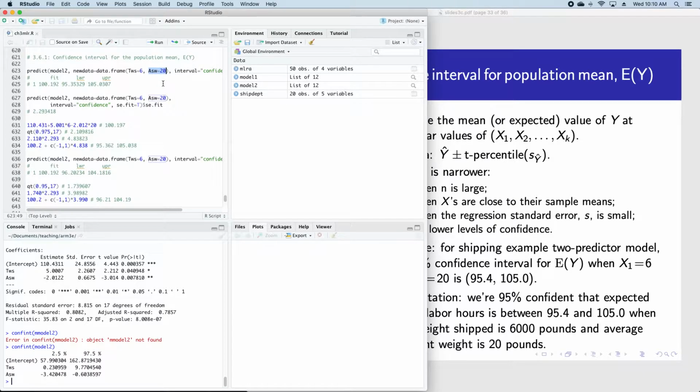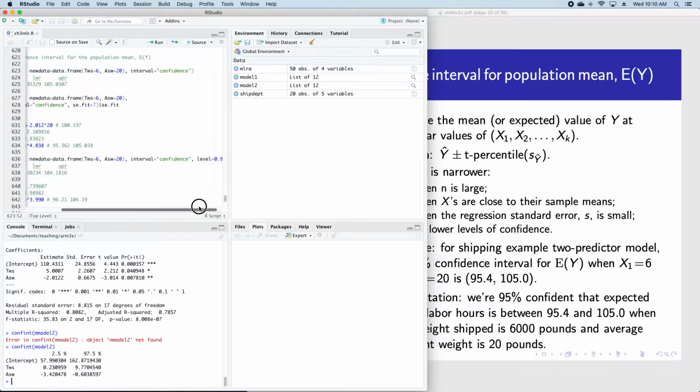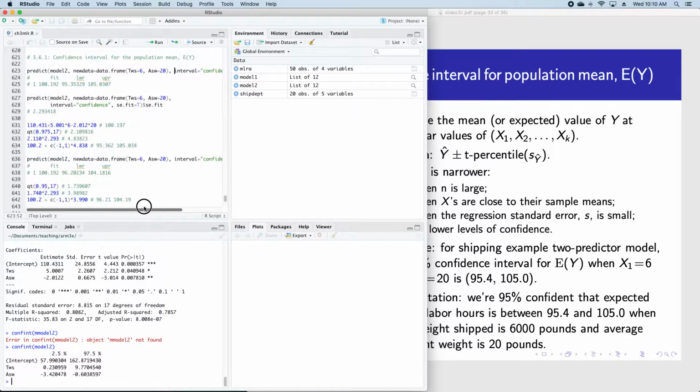And I'm interested in estimating the population mean, expected value of y, expected labor hours for total weight shipped of 6 units and average shipment weight of 20 units. If I use this function predict, and specify that the interval is going to be a confidence interval, then that's going to give me that confidence interval for the population mean.